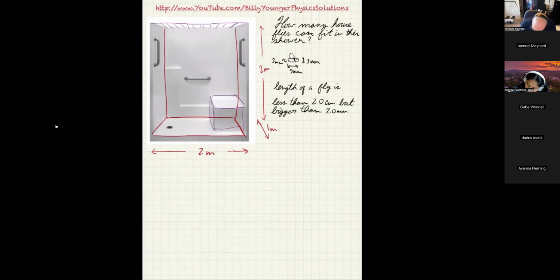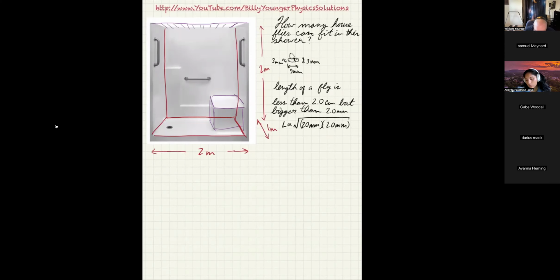If I did that, then L is approximately equal to the geometric mean. I'm going to put both of the numbers in the same unit, specifically millimeters. So 2 centimeters is 20 millimeters, times 2.0 millimeters, like this.